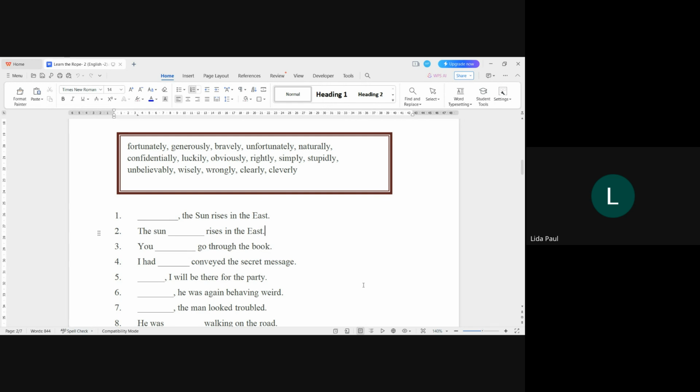So one identification mark of viewpoint adverbs is that they appear right at the beginning of the sentence, because they function very much like a sentence adverb. Whatever follows this particular adverb is taken within its fold. So, naturally. Now, the next one: the sun dash rises in the east.